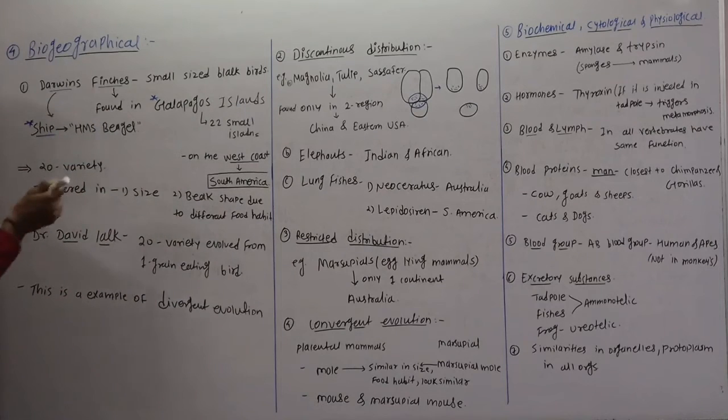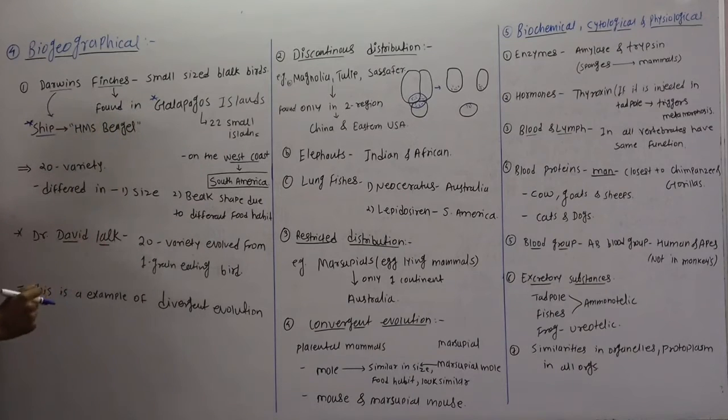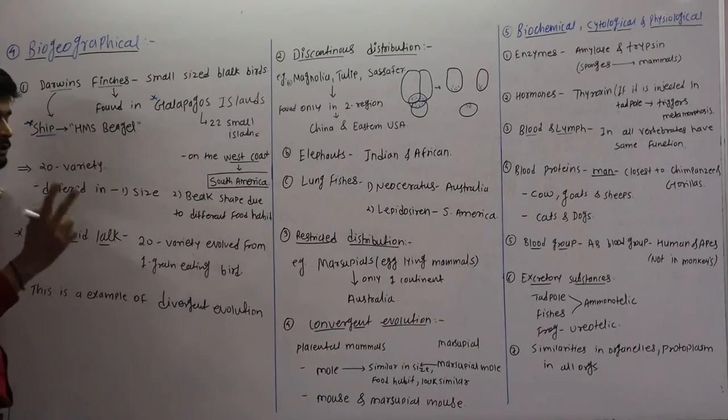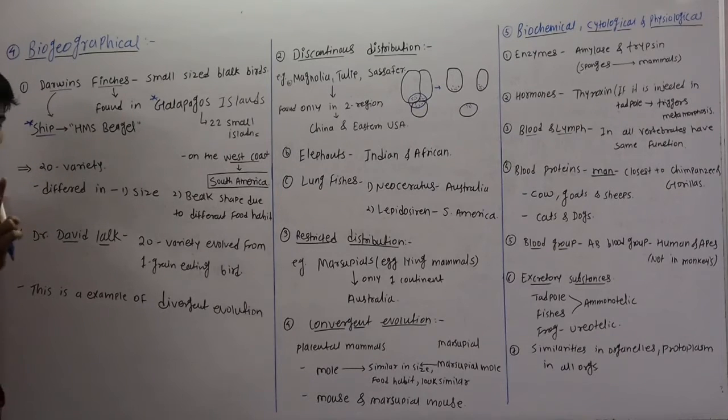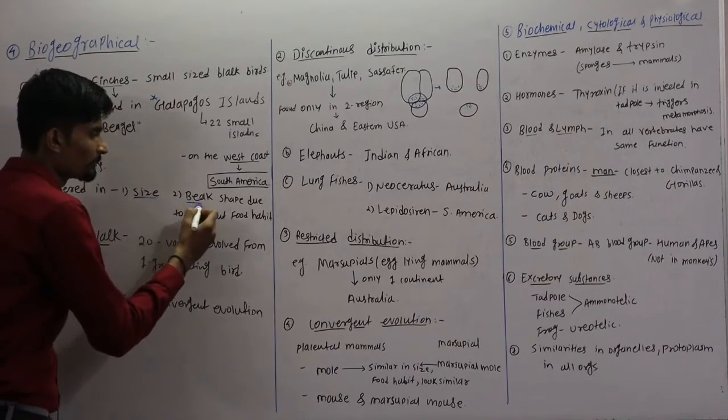Darwin found that there are 20 varieties of these finches, or these small sized black birds. There are 20 different varieties present on the Galapagos Islands. These 20 varieties differed in only two characteristics, that is the size of the birds and the beak shape.